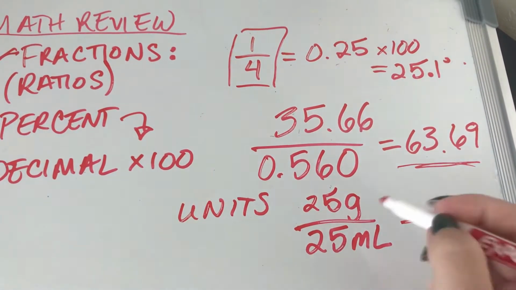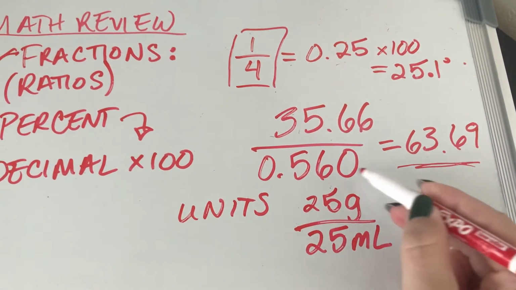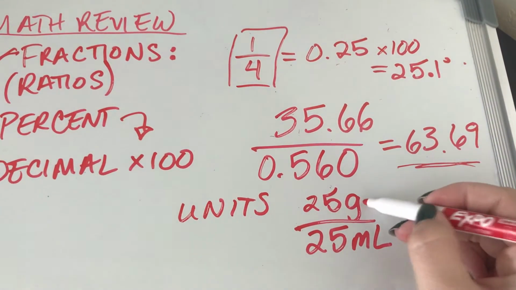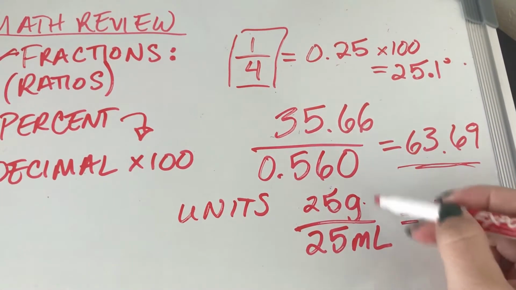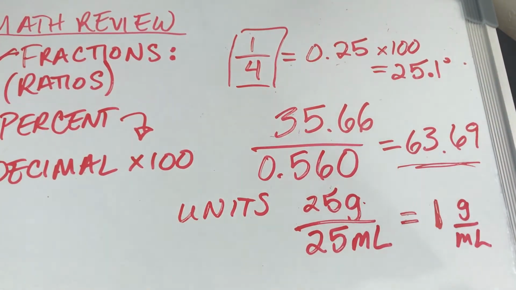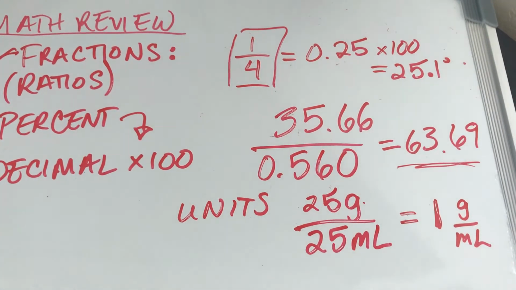But my units here are still going to be a ratio. Because grams can't cancel with milliliters, they're not the same unit, I have to keep both of them: grams per milliliter, which is a unit of density. Excellent. And we'll talk much more about units.